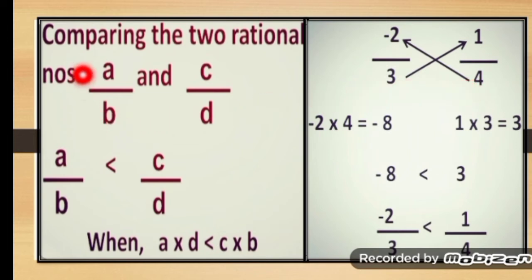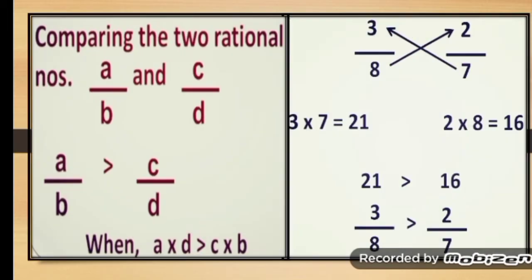So if we have two rational numbers a by b and c by d, and we find the products AD and BC, if the product AD is less than BC, then the first rational number will be less than the second rational number. In the third case of the cross multiplication method, if the product AD is greater than the product BC, then the first rational number will be greater than the second rational number.